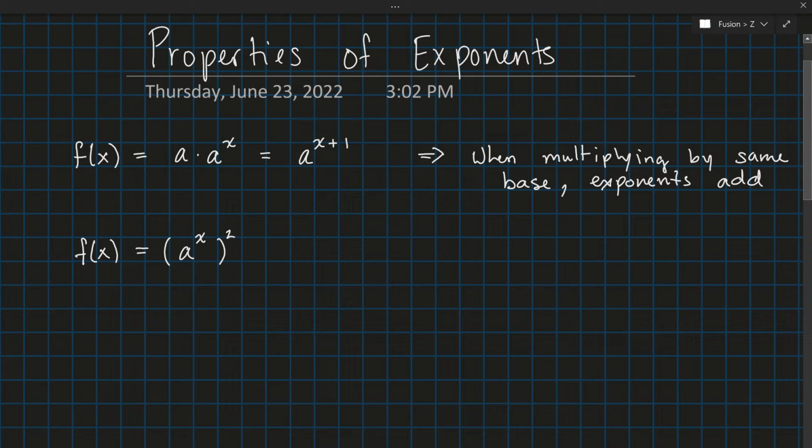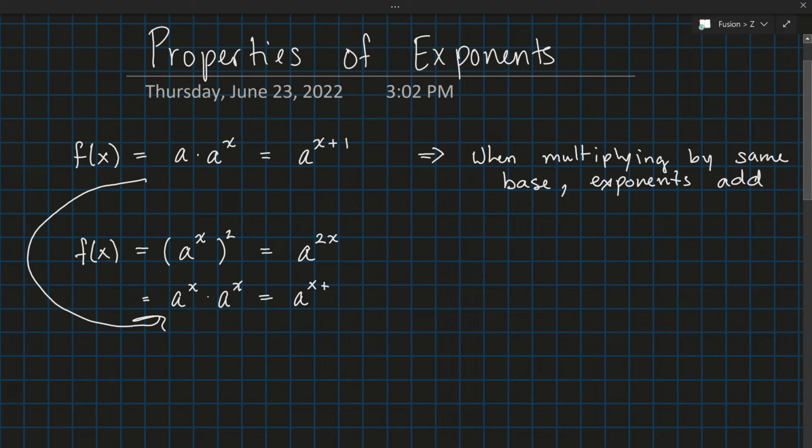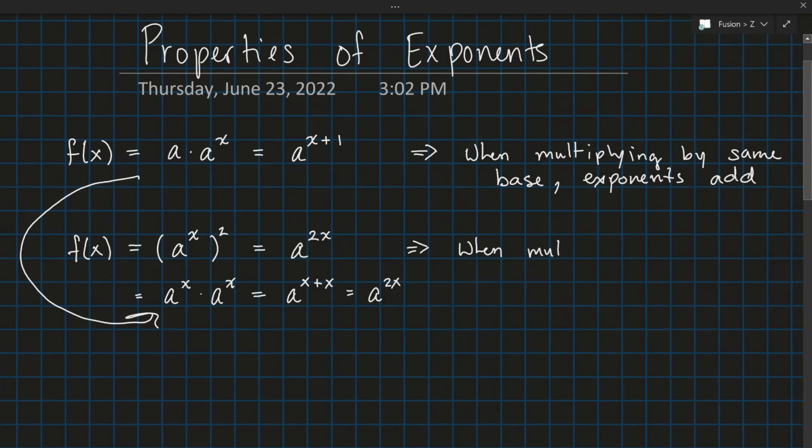Oh, multiply by the outside exponent. Yes, exactly. So it becomes a to the 2x. You could also think about it as multiplying a to the x times a to the x, which is like this rule. And so they add, which is just a to the 2x. It works both ways. But yeah, it's much simpler to do it this way.